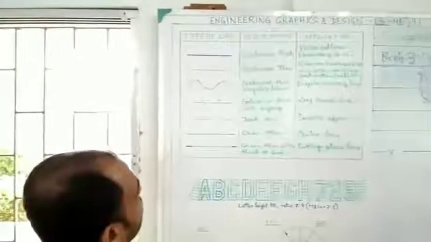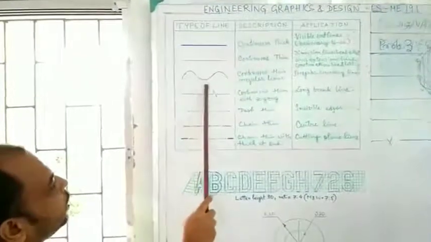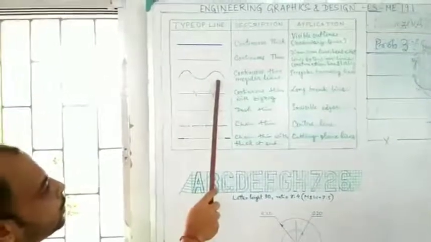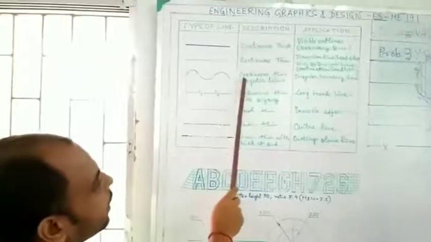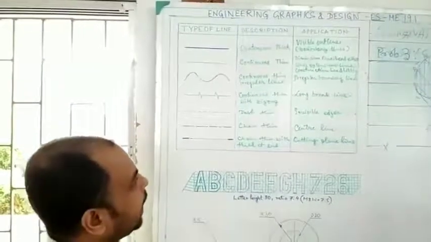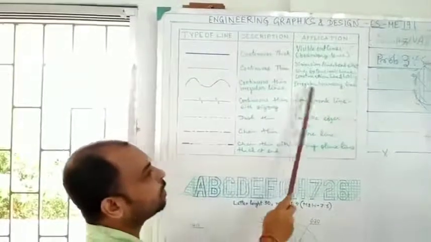Now coming to the next type of line, we have this irregular line. You can see over here, it's not a straight line. So this particular line is known as continuous thin irregular line, and it is used for irregular boundary lines.